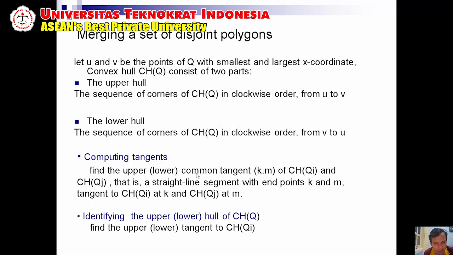Merging two disjoint polygons. Let u and v be the points of Q with the smallest and largest x coordinate. The convex hull CH(Q) consists of two parts. The upper hull is the sequence of corners of CH(Q) in clockwise order from u to v. The lower hull is the sequence of corners of CH(Q) in clockwise order from v to u.